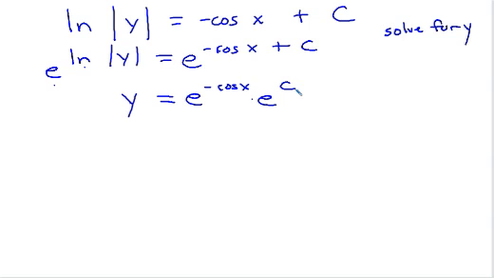And what we do in calculus is we say that this value right here is just a constant. So we call it c, and it's being multiplied by e to the negative cosine of x. And now we have a general solution.